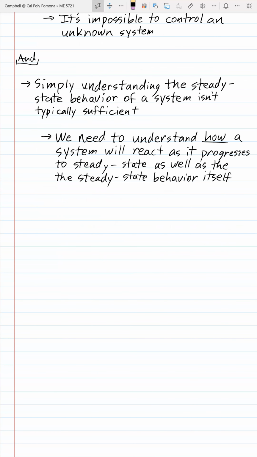So some things that we are interested in is, of course, how long it will take to reach what we will call steady state.